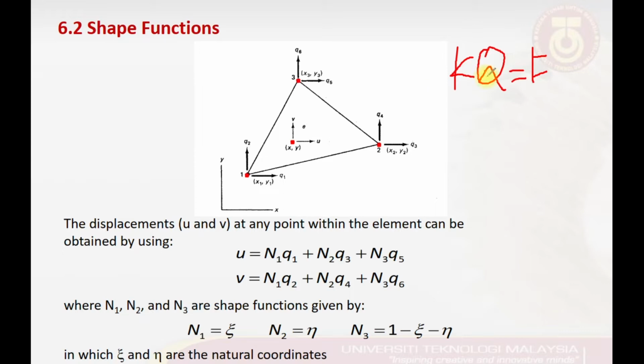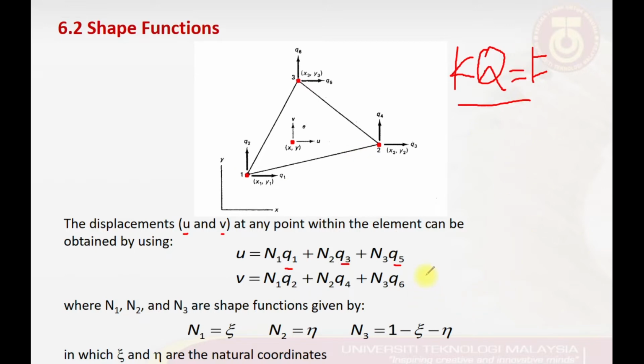In this case, the field displacement equations can be used. The displacements u and v at any point within the element can be obtained by using the field displacement equations. But as we can see here, for one field displacement we are required to supply three displacement values obtained from the system of linear equations. That means we have to solve the system of linear equations first, then we can obtain the field displacements u and v anywhere within our CST element.